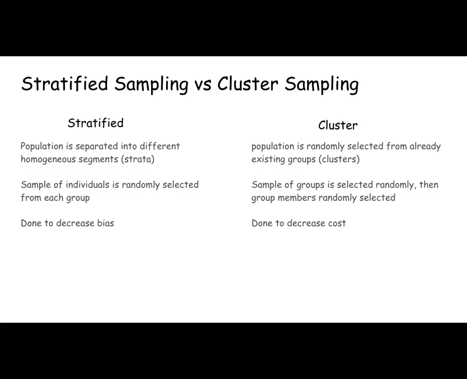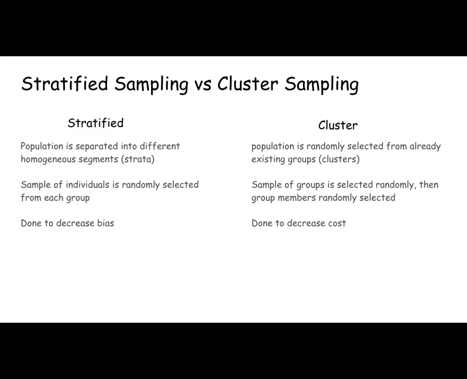An example of cluster sampling might be if we want to do a study of elementary school children, and instead of randomly choosing from all the elementary school children in Pittsburgh, we first randomly choose some of the schools within Pittsburgh, and then randomly choose some of the kids from within those schools.